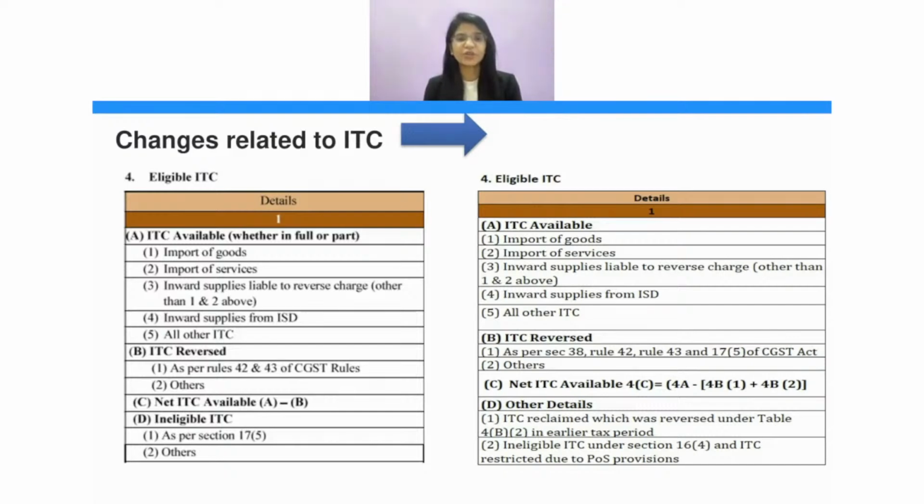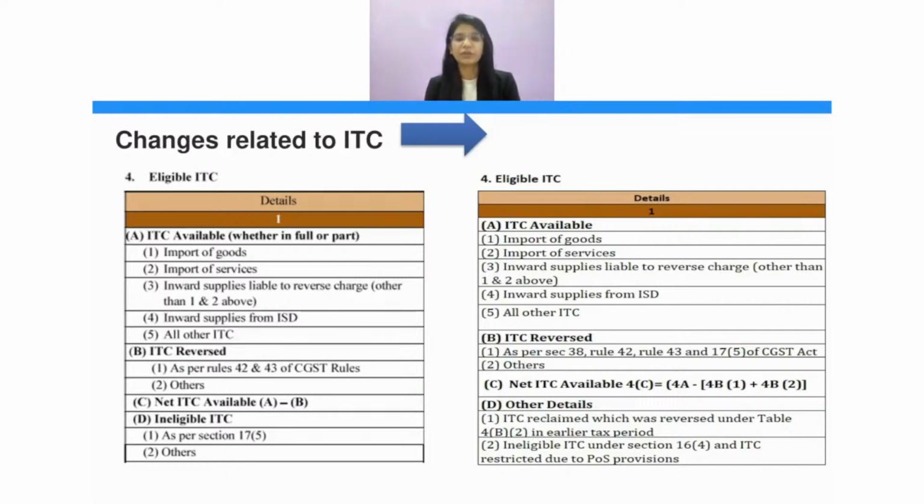How exactly are we going to show it? Under 4A5, we will first show this ITC amount, because ultimately we have to match this particular ITC with what is coming in your 2B. Right? So in 2B, this particular amount was there, so we are also going to show this transaction under 4A5. And then we have to do a temporary reversal, because I may claim this ITC in future months. The temporary reversal has to be done under table 4B2.